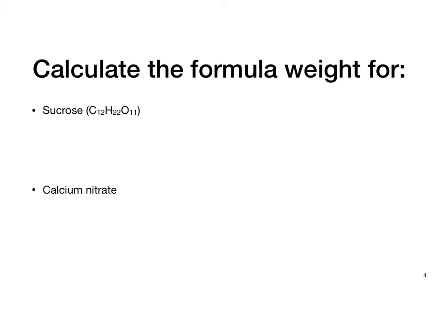In this case, sucrose is not something that we've learned in this class. We know it's sugar, or maybe we do, maybe we don't. But in this case, sucrose gives us the chemical formula. So we know it is 12 carbons, 22 hydrogens, and 11 oxygens, so we're going to have 12 multiplied by the atomic mass, which is 12.01 AMU.